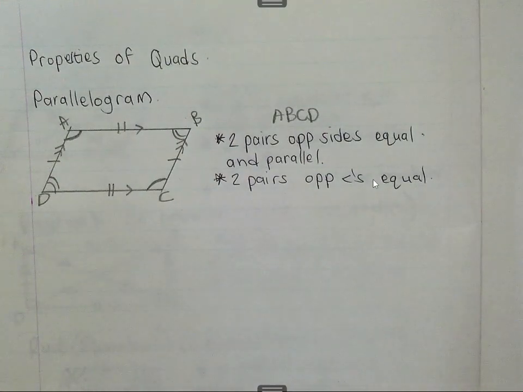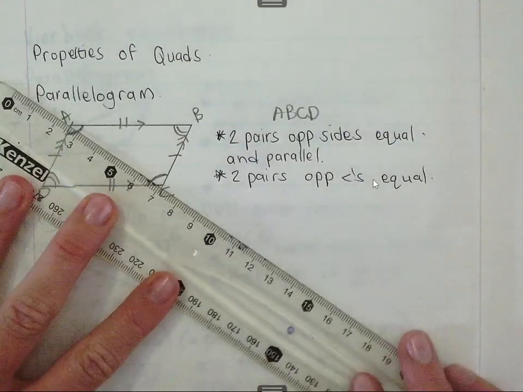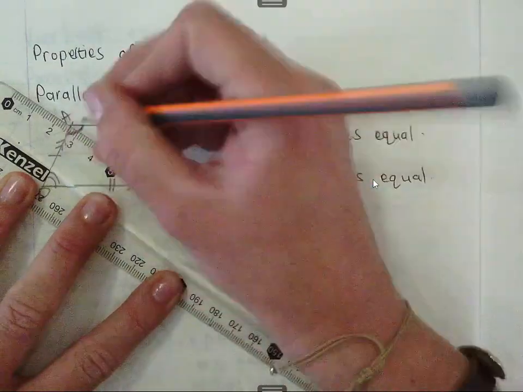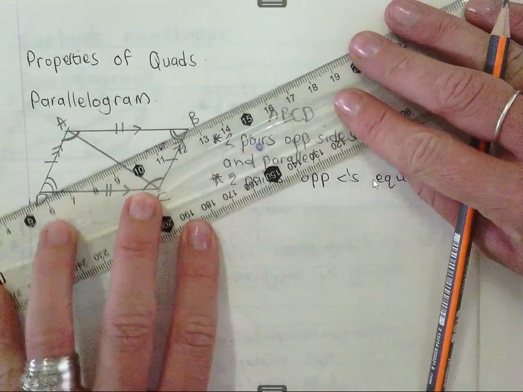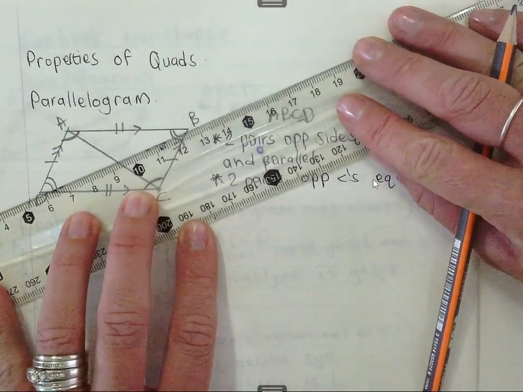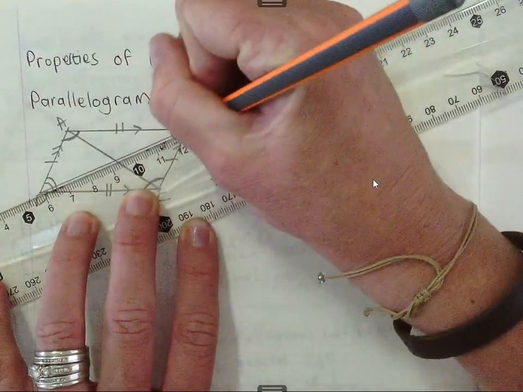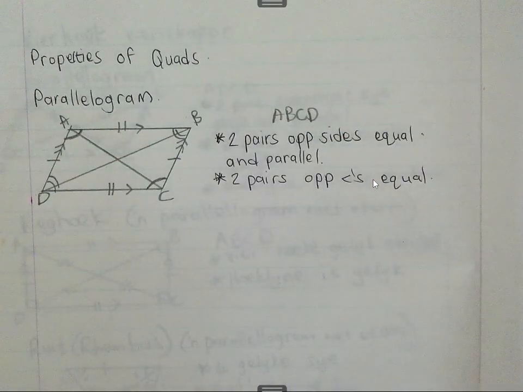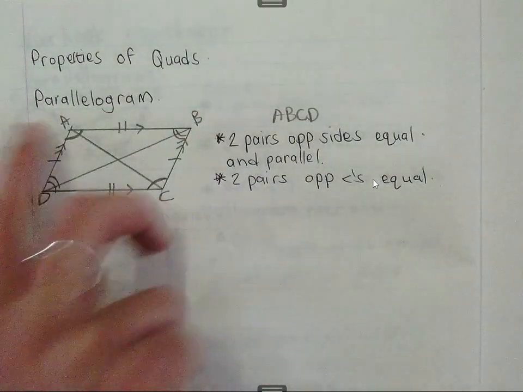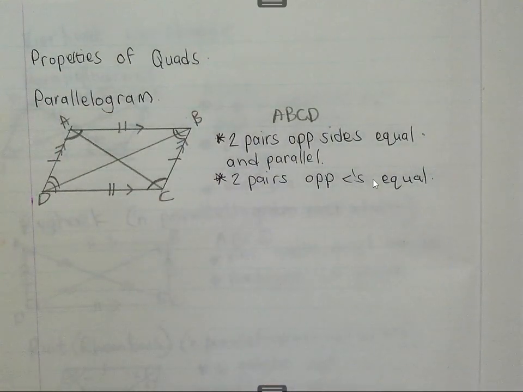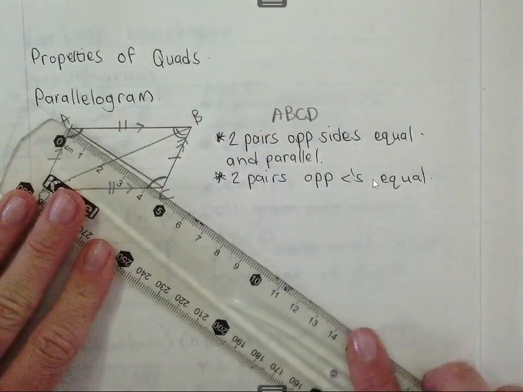The third thing we're going to look at is the diagonals. So let's join them, AC and BD. Are those diagonals equal to each other? Are they the same length? Take your ruler, or you can look here.